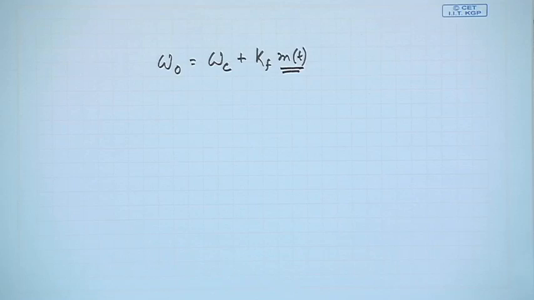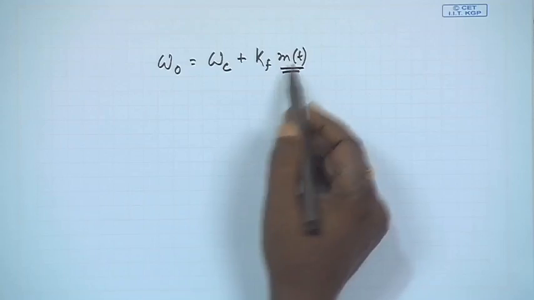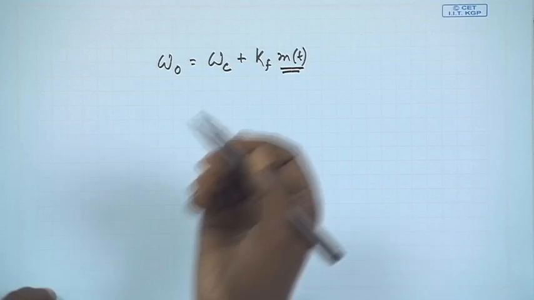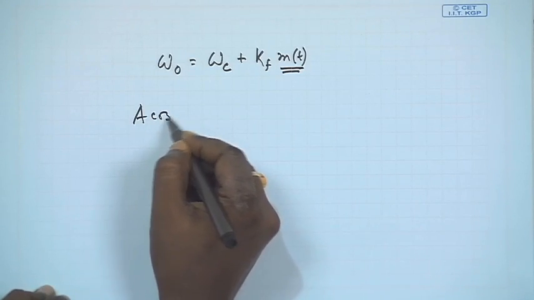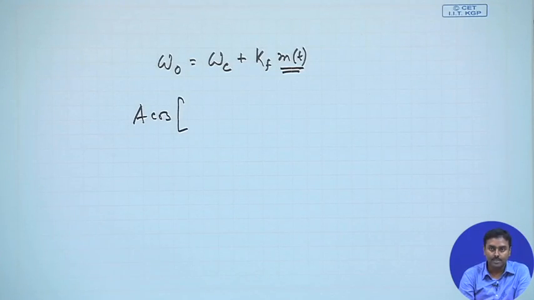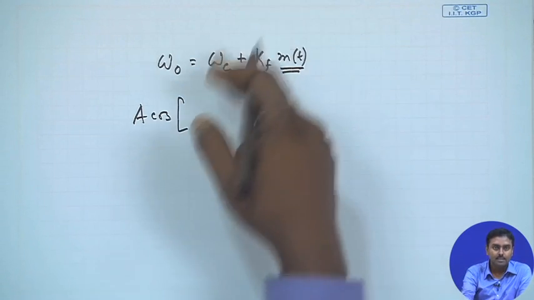So, if you now start giving an input voltage MT into that varicap, immediately the output oscillation that you get must be the FM modulated signal, because the oscillation frequency follows MT. Suppose it generates a cos of some frequency. So, that must be this.